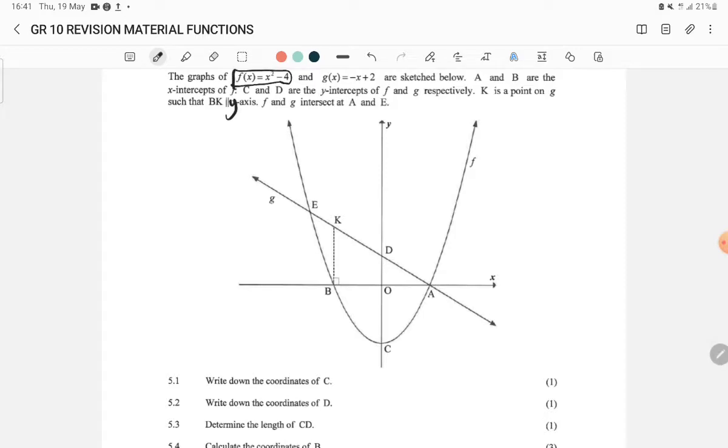When x is equal to 0 you will definitely get -4, because f of 0 at the y-intercept is -4. So the value of y at C is really -4, so the coordinates of C are (0; -4).